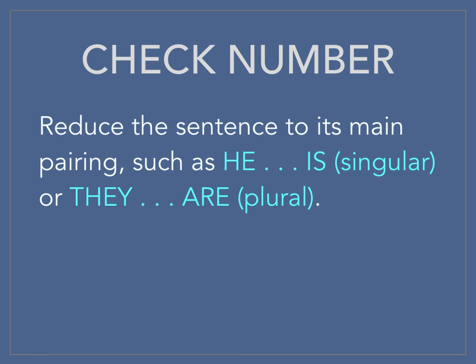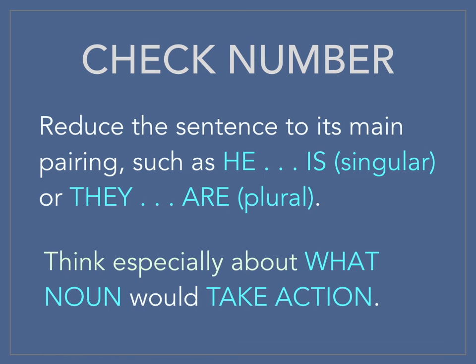And then, even if you have a little trouble figuring out what that is at a first run, think about what noun is actually going to take some meaningful kind of action. So you may have a sentence with, let's say, a fundamental pairing between he and is. Well, you may have other nouns that are throwing that off.